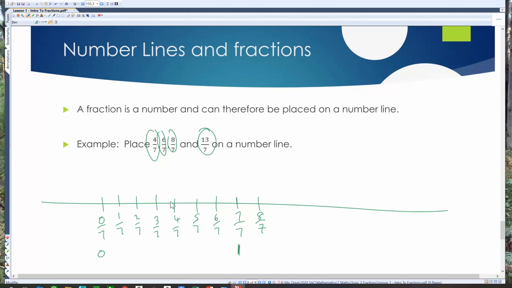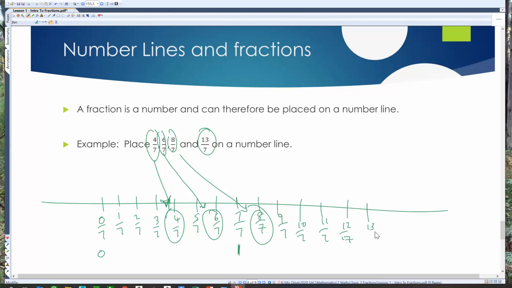So what we've got is markings here to represent some of the values between 0 and 1, with that one split into 7 separate parts. 4/7 is that one there. 6/7 is that one. 8/7 is that one. And let's keep going. 9/7, 10/7, 11/7, 12/7, and 13/7 finally is that one there.